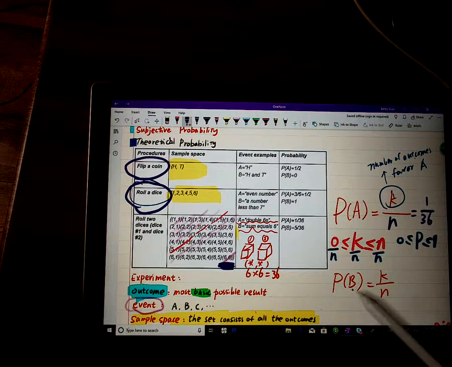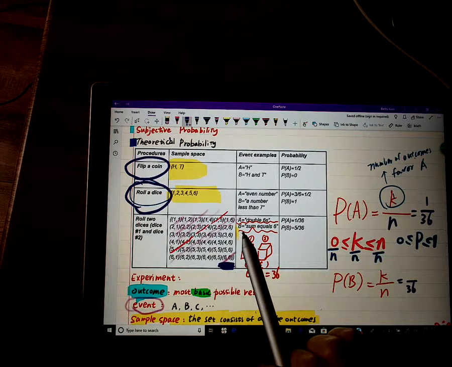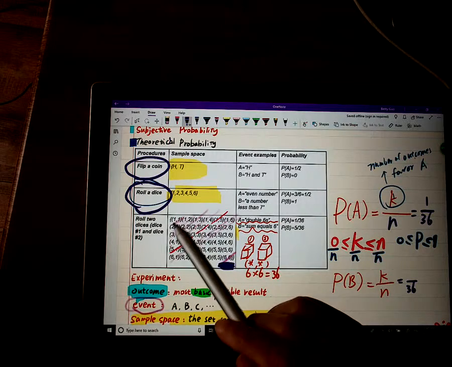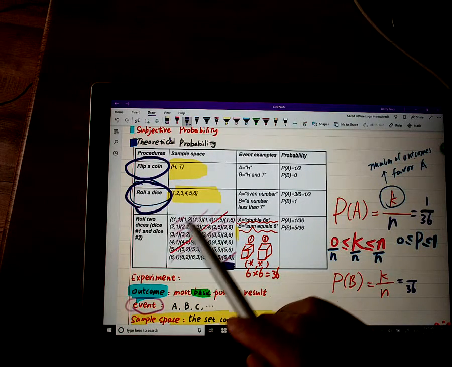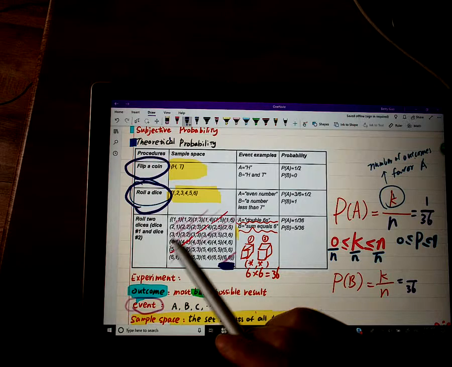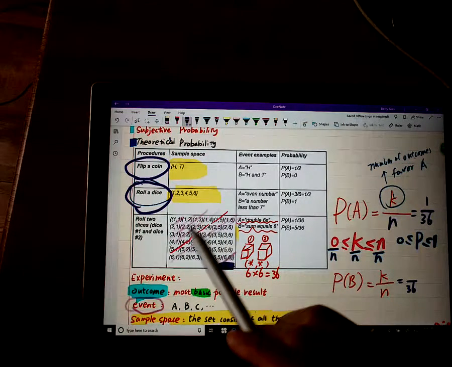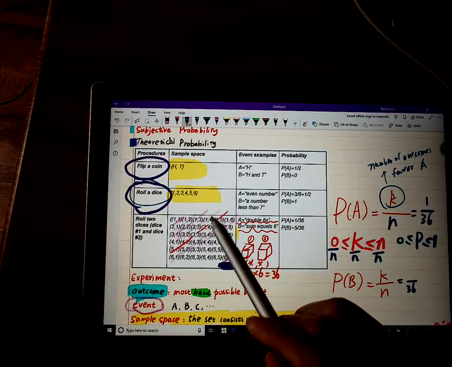Probability of B equals K over N. N is 36. K is the number of the outcomes in the sample space favoring the result that the two numbers add up to 6. So 1, 1, the two numbers add up to 2. 1, 2, the two numbers add up to 3. 3, 1, 2, 2, 1, 3, in those three cases, the two numbers add up to 4. 4, 1, 3, 2, 2, 3, 1, 4.